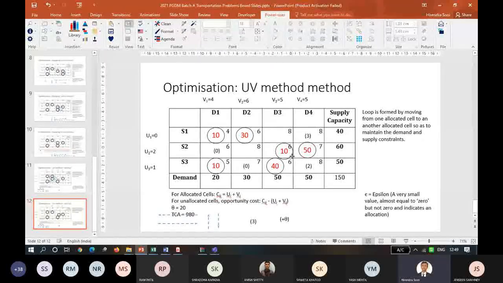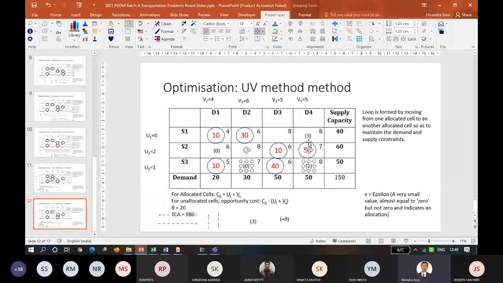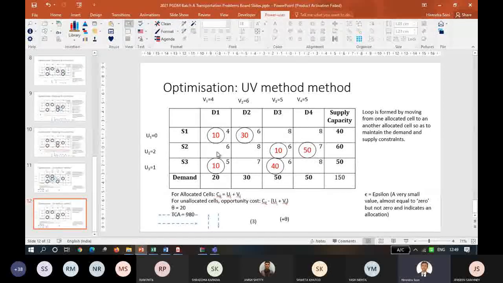Whereas in this case it was faster, and hence people normally go for UV method instead of stepping stone. But stepping stone का ये जो लास्ट में रीएडजस्टमेंट का है वो जरूरत पड़ता है. That's the reason why I taught stepping stone first. Clear?